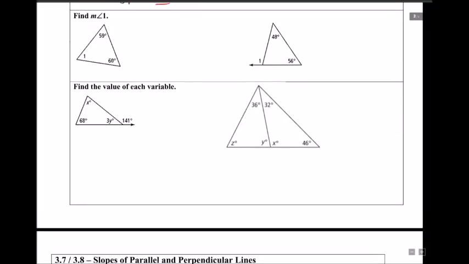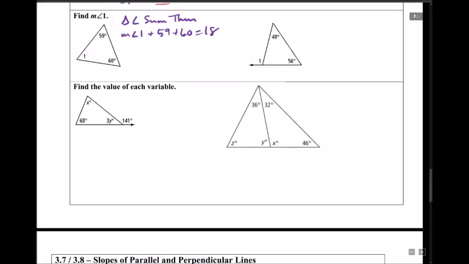We need to find the measure of angle 1. However, shall I do that? I see a triangle. We have a triangle angle sum theorem that tells me that the measures of the angles of a triangle sum to 180. So I am going to say the measure of angle 1 plus 59 degrees plus 60 degrees equals 180.